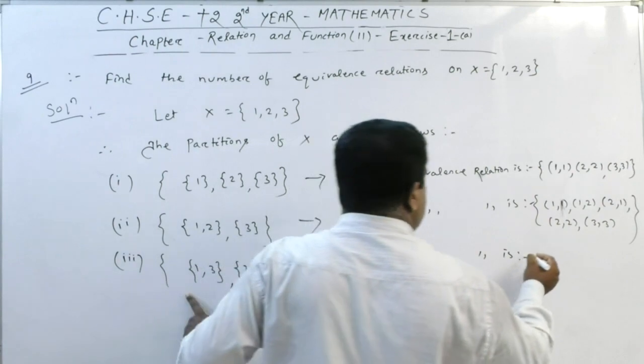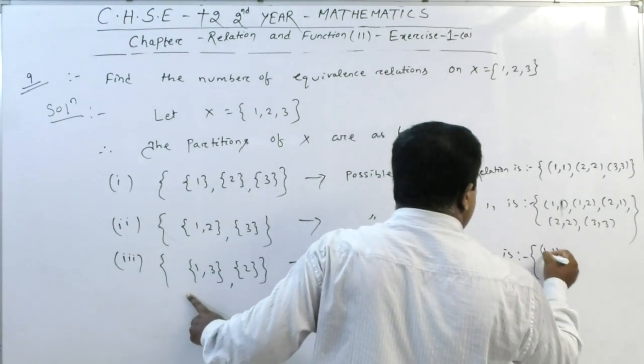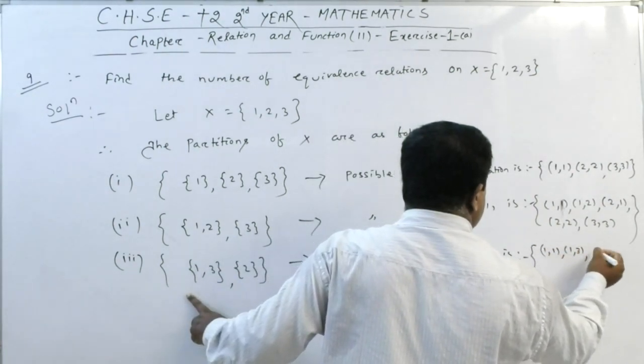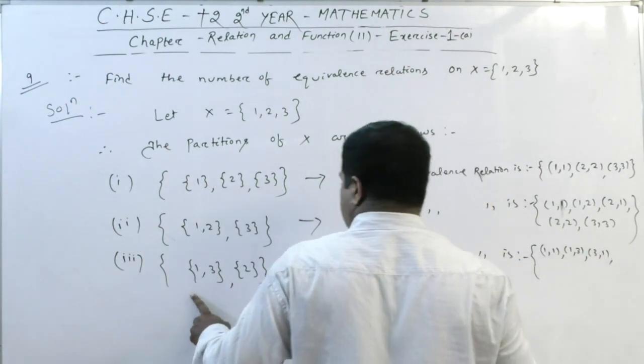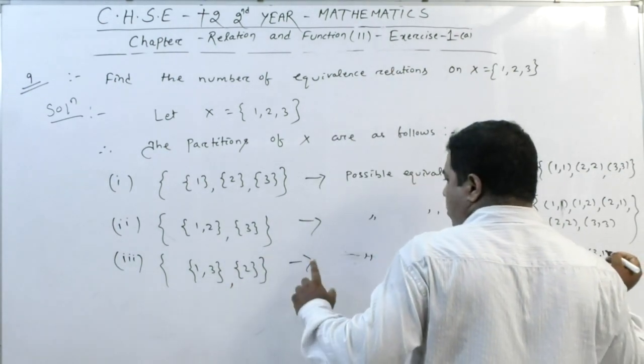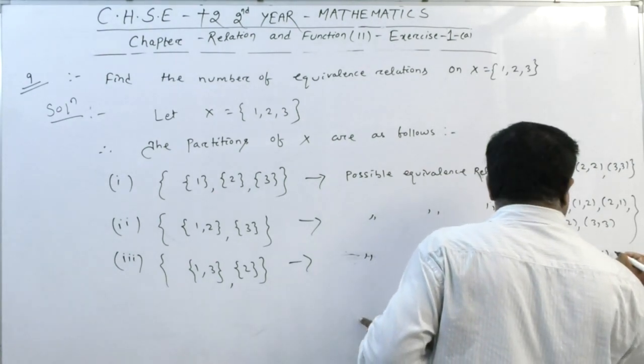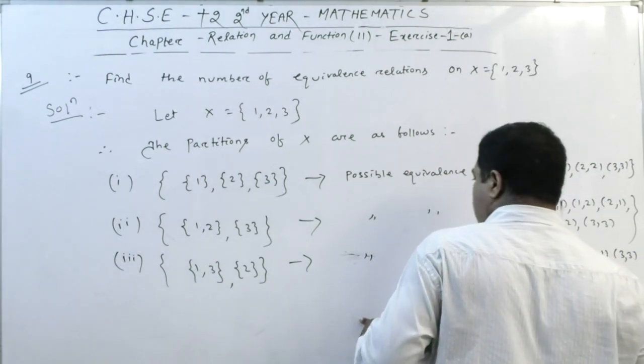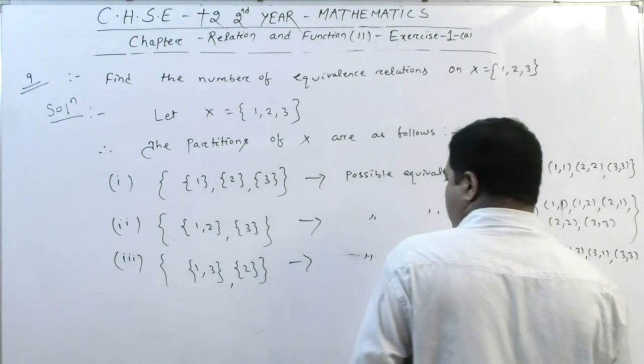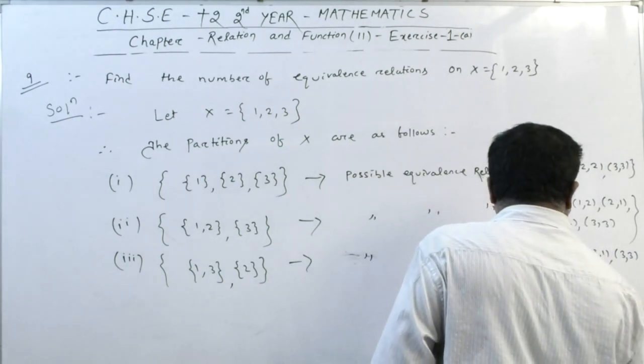Yes, I can write (1,1), (1,3), (3,1), (3,3), and for 2 I can write (2,2).